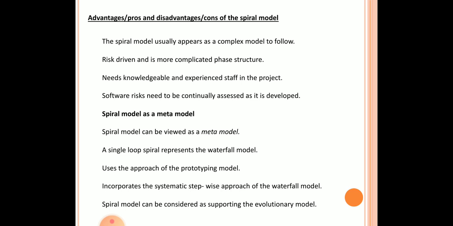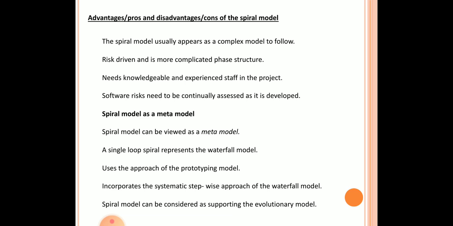The few disadvantages of the spiral model are: the spiral model usually appears as a complex model. It is a flexible one, but it is more complicated compared with the other models. It is risk driven, and as it is more complicated, it requires knowledgeable, well experienced staff for implementing such a model.